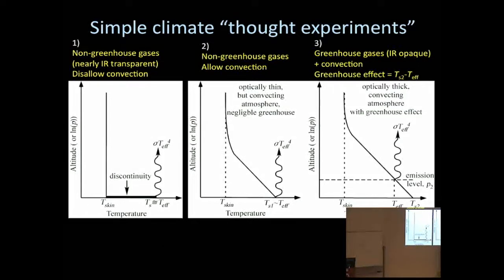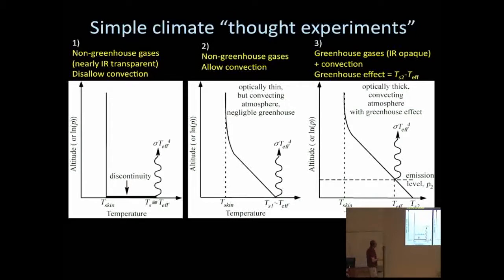It's no longer emitting the effective temperature at the surface, but from some higher level. You can think of this as an infrared photosphere, if you want to put it in astronomical terms. But our surface temperature is now bigger than the effective temperature, but we still asymptote in the optically thin region of the atmosphere to the skin temperature, in this case. And that's basically what we're seeing is the greenhouse effect.